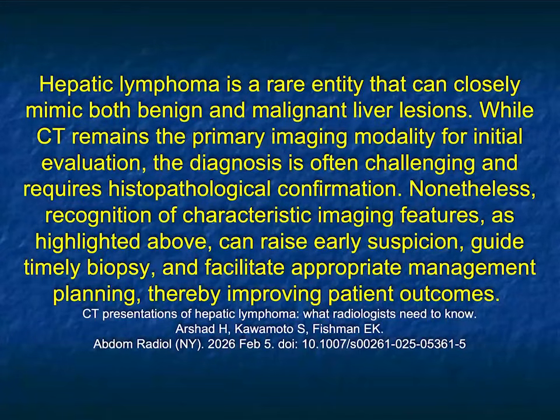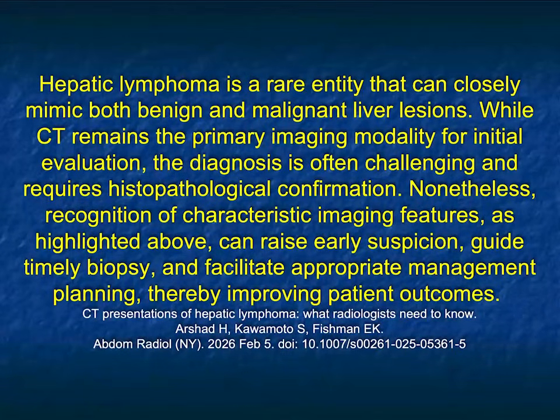So some summary statements. Hepatic lymphoma is a rare entity that can closely mimic benign and malignant liver lesions. While CT remains the primary modality, it's often challenging. Sometimes MR can be helpful, but again, knowing the appearances and recognizing that when you have primary lymphoma, for example, or even secondary lymphoma, the tumor appearance is variable in terms of infiltration, in terms of masses.